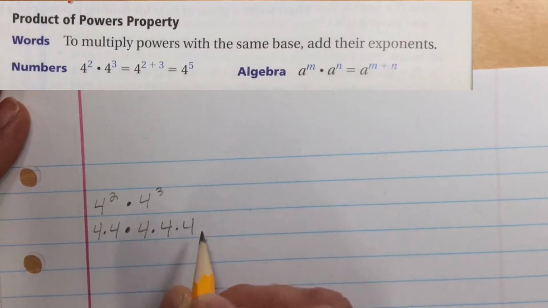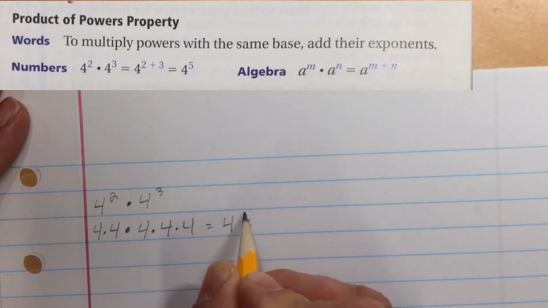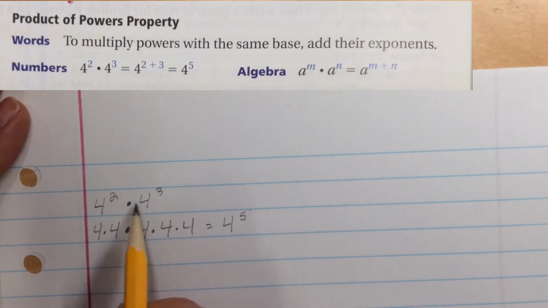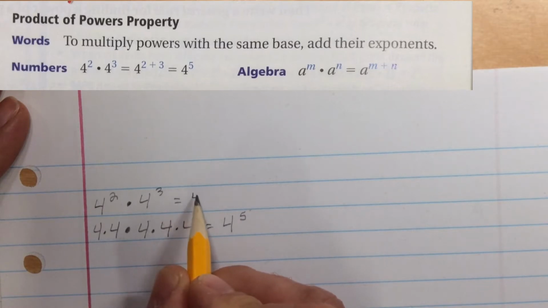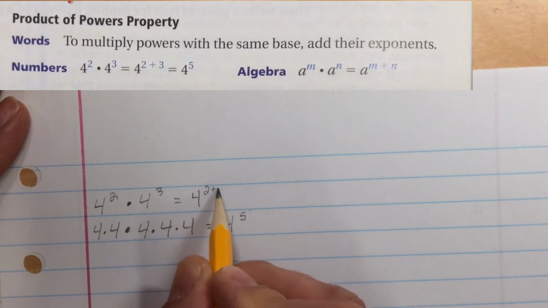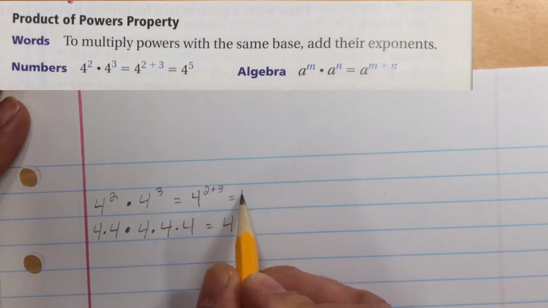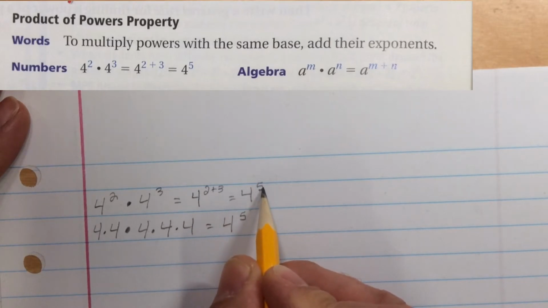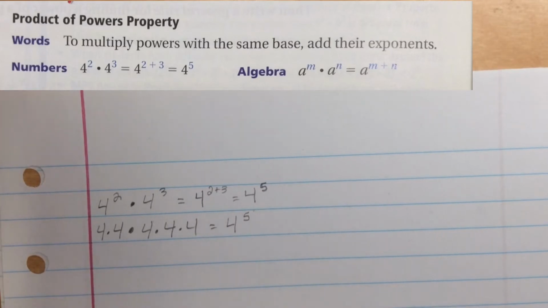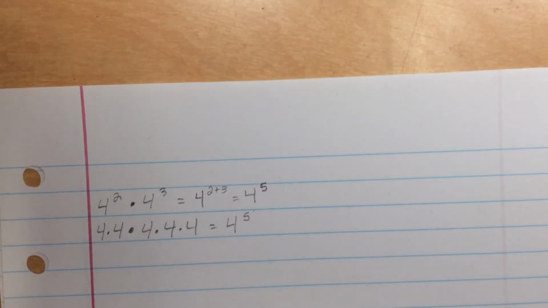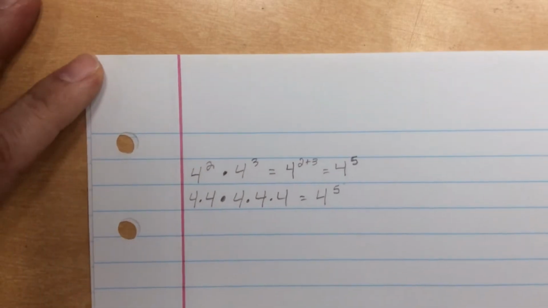So if you look here, really we have 4 to the fifth power. Looking back up here, all we had to do was add those two exponents, which is where they got the property from. If you ever forgot the property, we could just intuitively come up with that rule on our own. These are math rules that we could come up with on our own. Like I could have made that one.